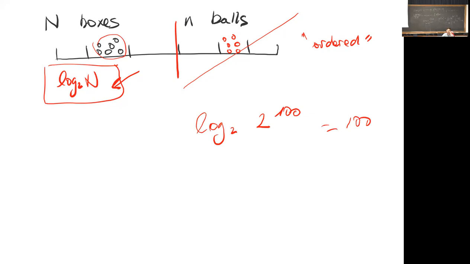The logarithm is increasing extremely slowly. So actually, this algorithm, which is called a dichotomy, which each time discards half of the possible answers, converges exponentially fast to the answer.